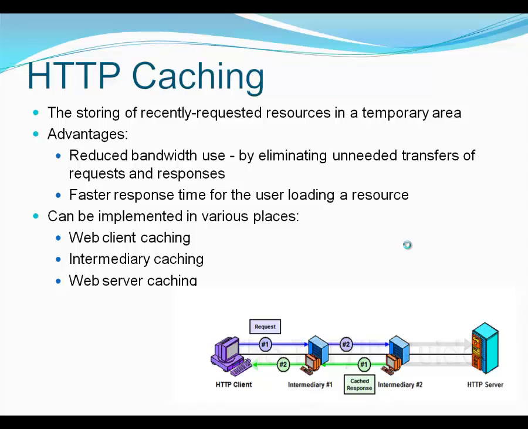If the object is still good, it will respond with 304, the Not Modified status code. If the object is modified, then a 200 response code will come, and with that 200 response, the new object will be delivered. So the If-Modified-Since header is useful in terms of validating the object.